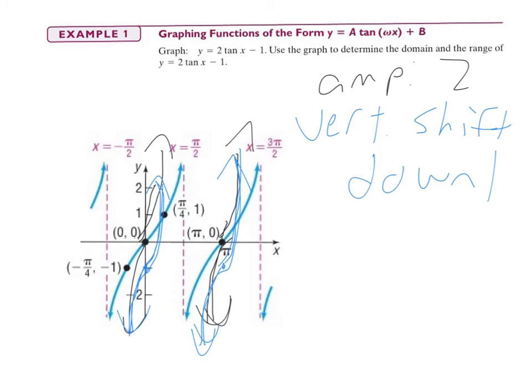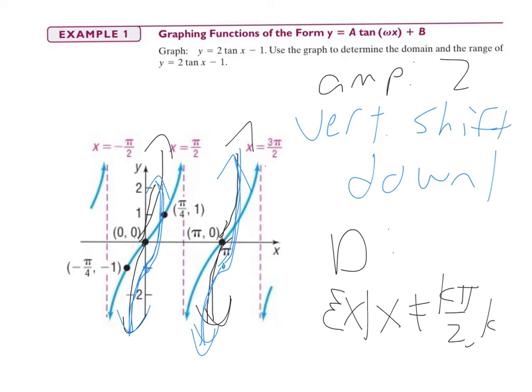So pretty much you stretch each branch by a factor of 2, then shift it down 1 unit. In the domain, we didn't do any sort of change to the period, so the domain looks like it'd still be the set of all x values such that x cannot be at intervals of k pi over 2, with k being odd. And the range looks like it'd still be all real numbers.